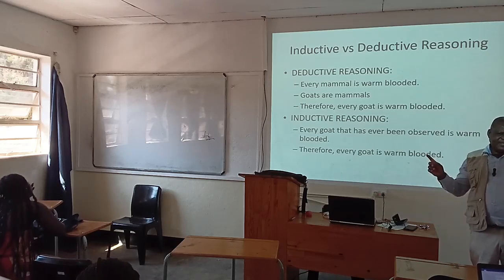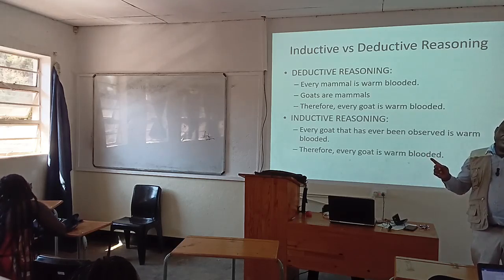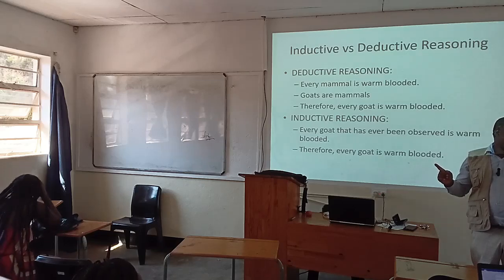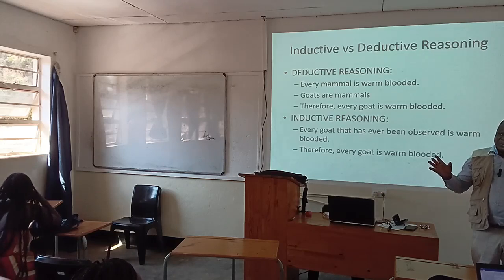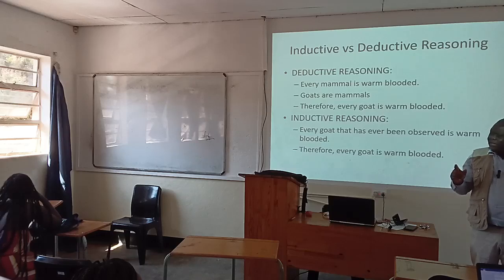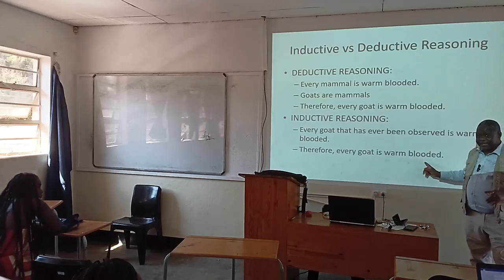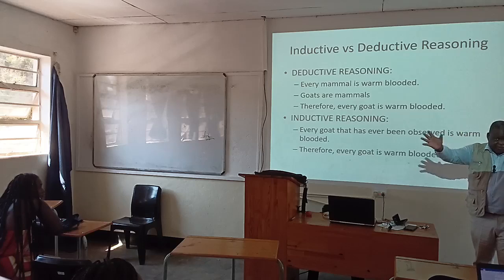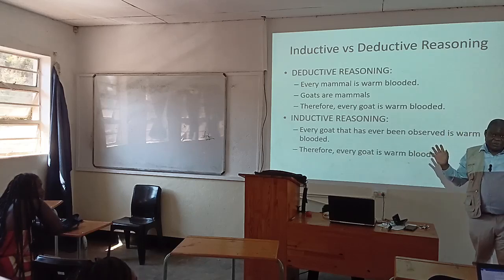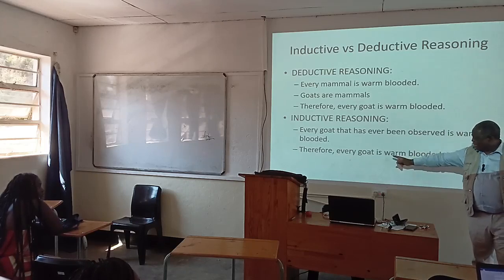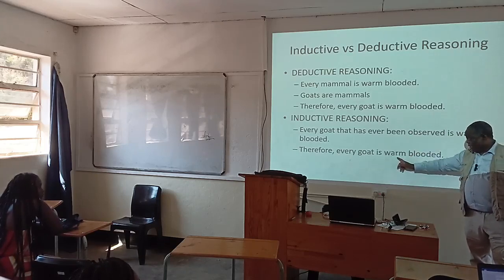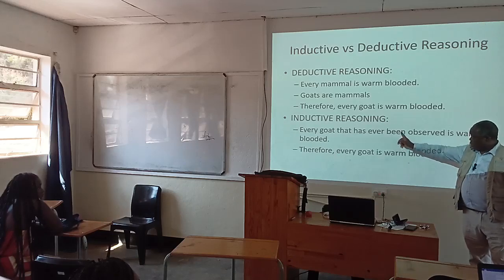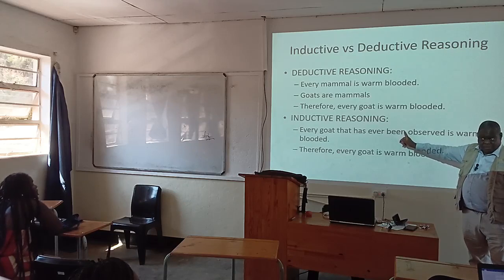For us to come up with statements which we can refer to as a theory, there must be a way of connecting these isolated facts. So what this statement here is doing is connecting the isolated facts coming from various observations. But to make this statement, we have used deductive reasoning. We have deduced that from the observed facts.